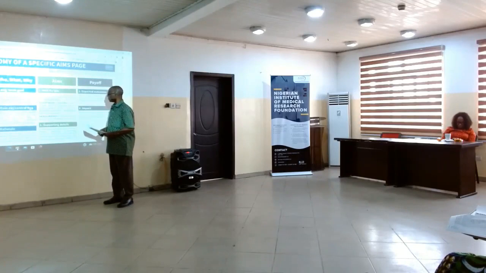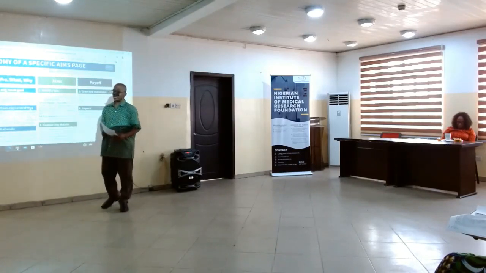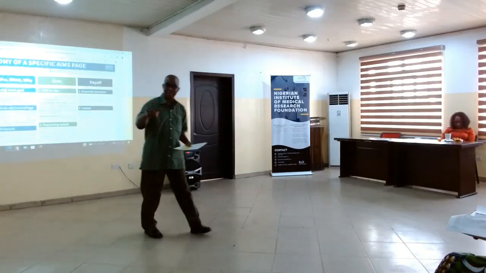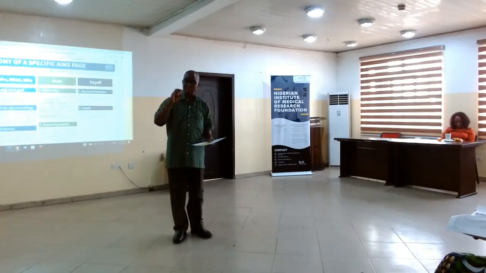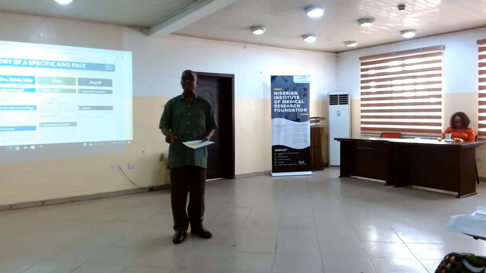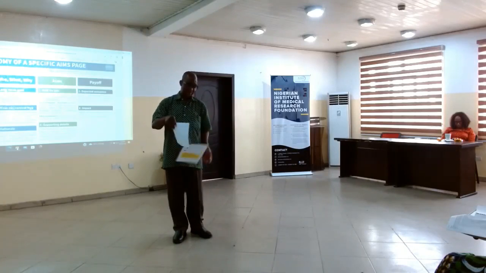You make it sound more scientific, because the way they present it is as if you are describing, whereas you are supposed to state the aim. Okay, let's look at this first aim.